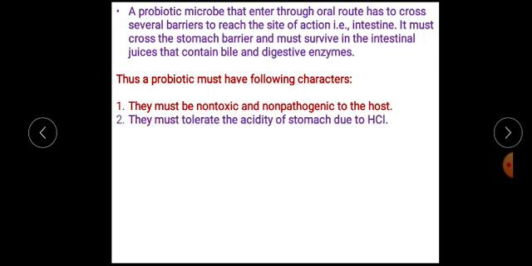They must tolerate the acidity of the stomach. So they should not get digested easily by the HCl present in the stomach, at least for a few hours. Why am I saying a few hours? That is because when food enters the stomach, it lasts there for approximately 30 minutes to 1 hour.